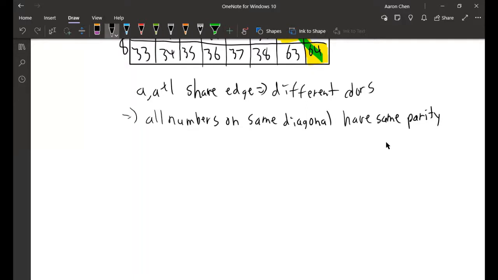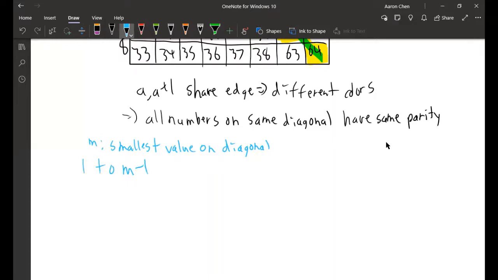And so now we can let m be the smallest value on a diagonal. And so what that means is that the numbers 1, 2, up to m minus 1 all lie on the same side of the diagonal.